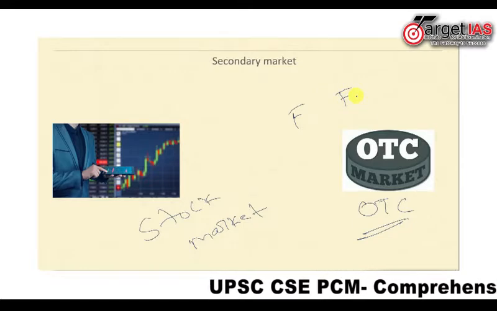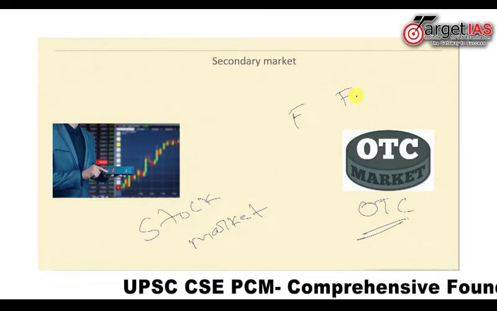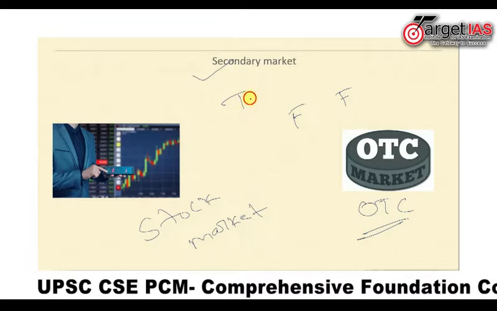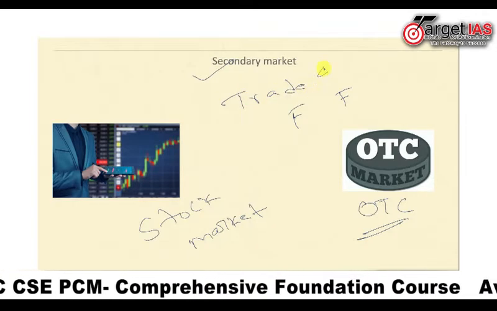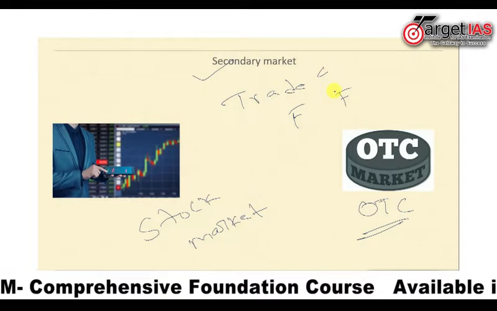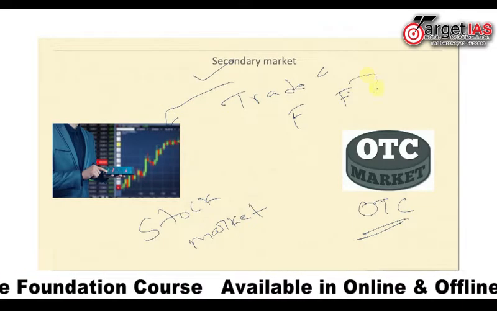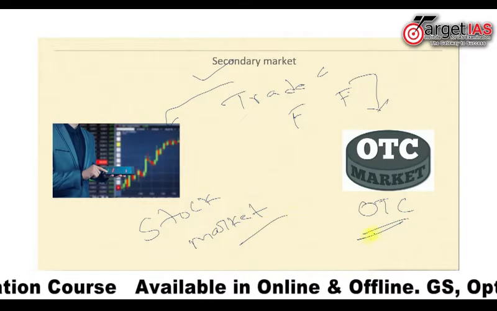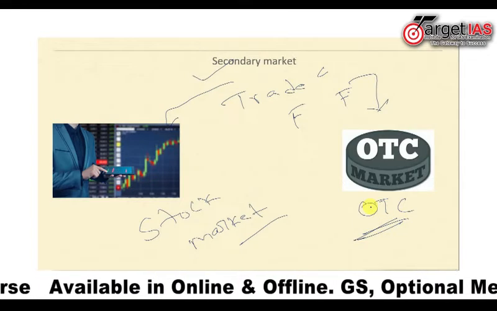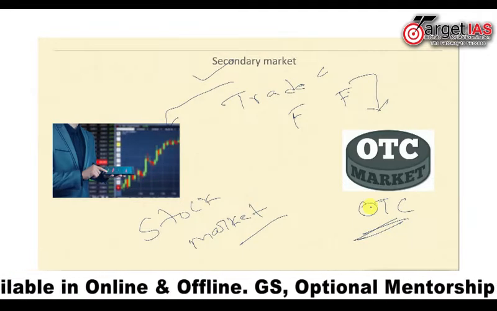That is nothing but over the counter. But in the secondary market, trade is an important component, where trade should happen on the instruments. So the secondary market is divided into stock and over the counter. We are going to deal with the details.